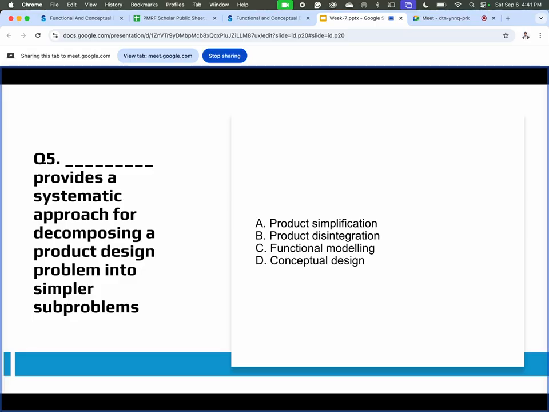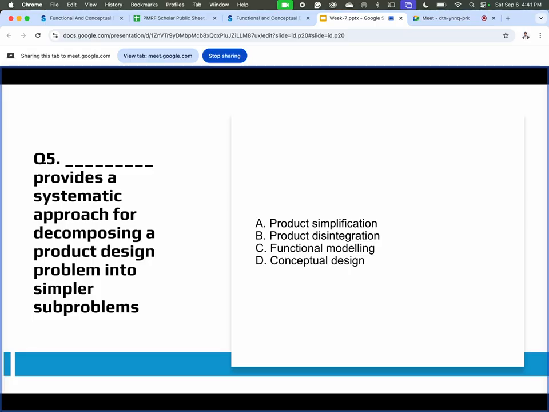While conceptual design is the broader stage where this happens, functional modeling is the specific method that brings structure and discipline, unlike product simplification or disintegration. So it is not about reducing or breaking apart arbitrarily, but about mapping functions systematically.